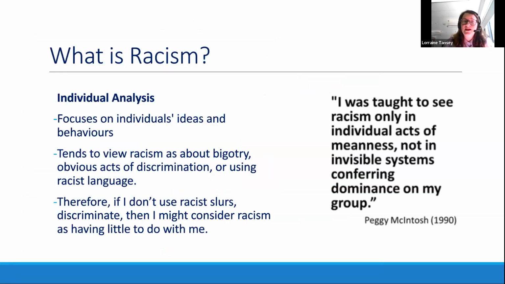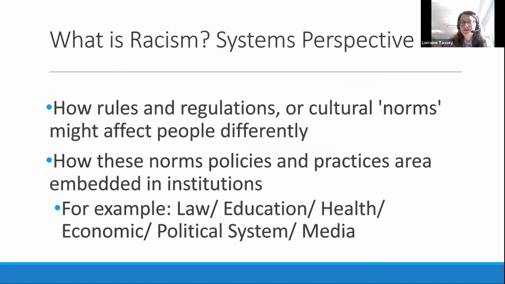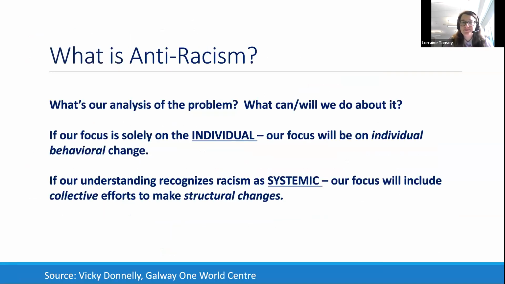So we'll send on these slides, we'll move on from this, but we share with students the difference between an individual analysis of racism, which is acts of bigotry, racist language, and moving on to a systems perspective, which is about how rules, regulations, cultural norms and policies, the structural inequalities, maintain racism.